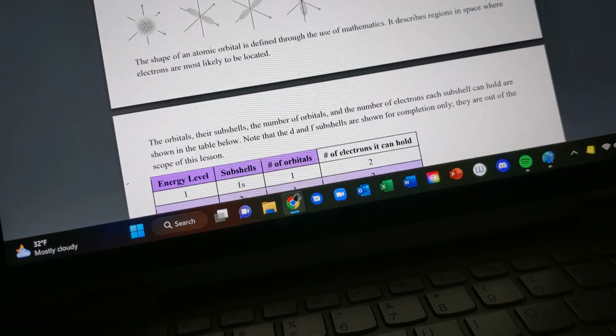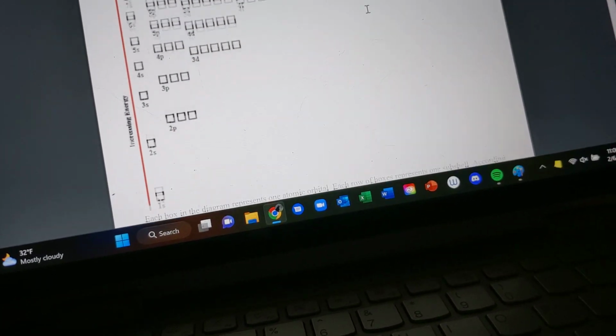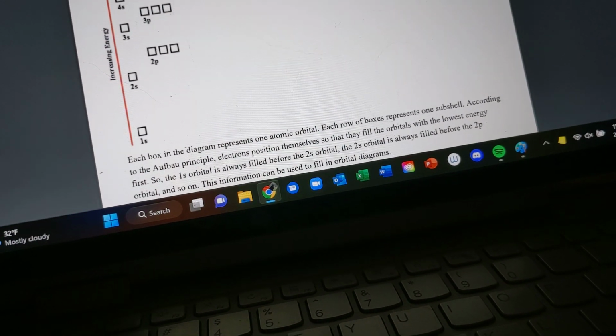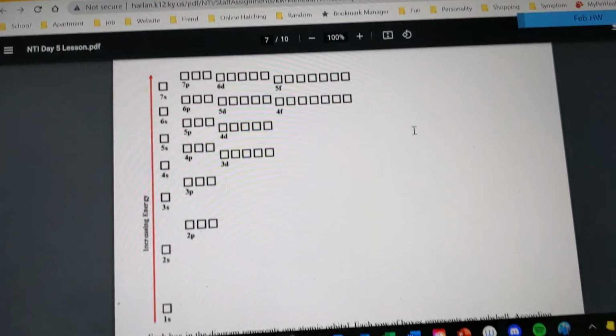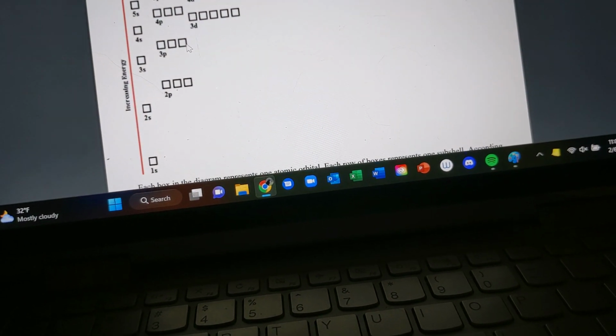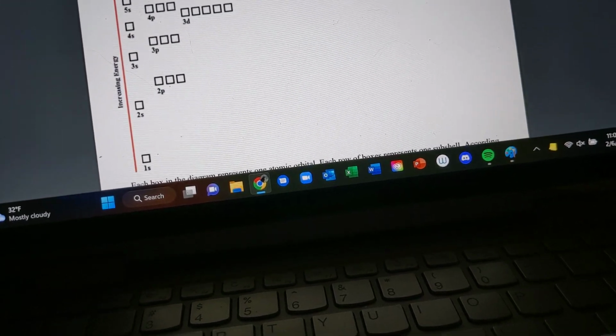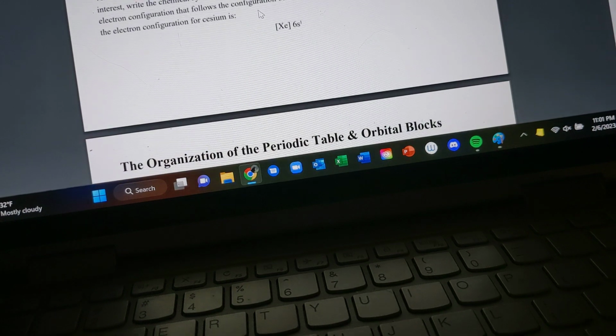Yeah, and then let's see if this one has a good way of showing it. Yeah, so this one sort of shows the increasing energy. So it goes 1s, 2s, 2p, 3s, 3p, 3. No, that's not right. Where's my nice diagram?